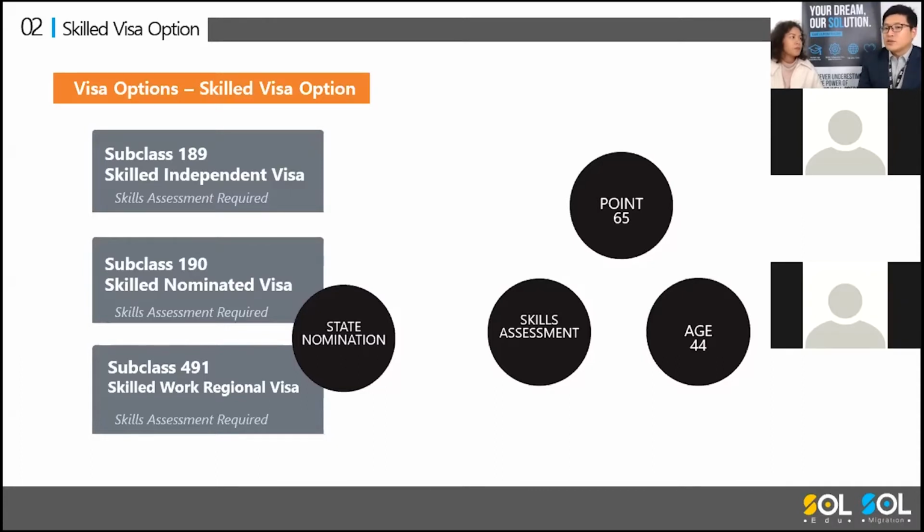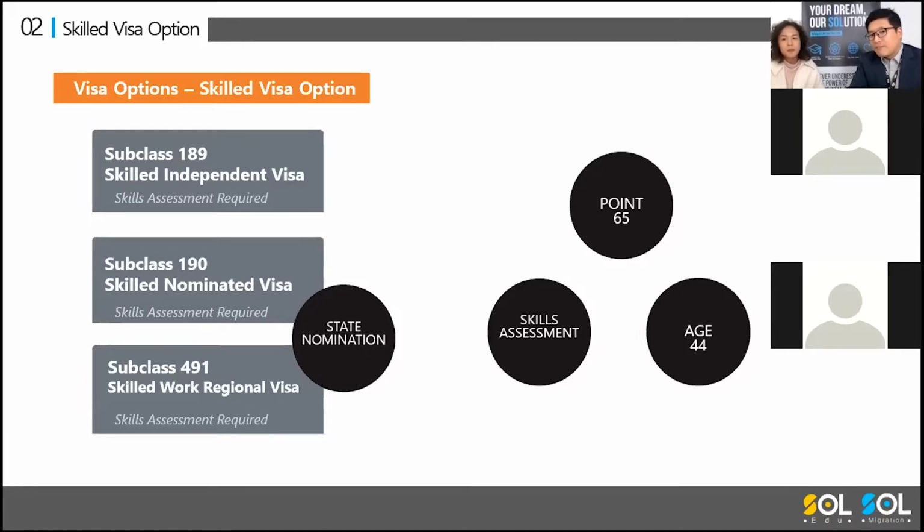Because these points are very important, you had better prepare your study with an exact plan. Then you can have higher points than your competitors, I mean your other friends. So it's very important to understand how you can make points and what the parts of your points are.